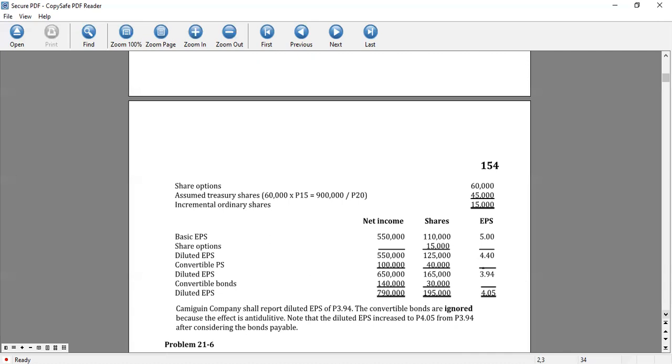Note that the diluted earnings per share increased to 4.05. So we have now diluted earnings per share increased to 4.05 and 3.94.